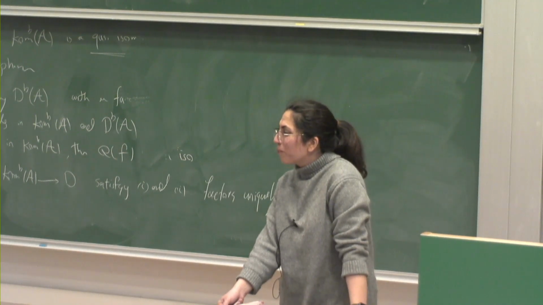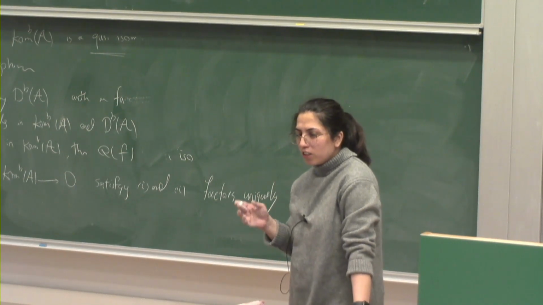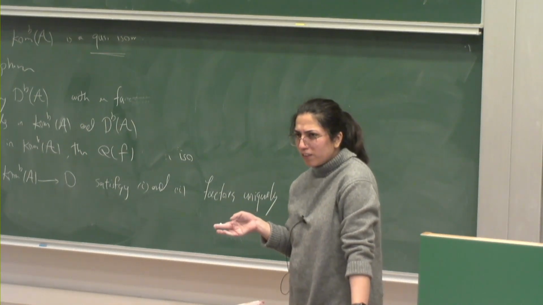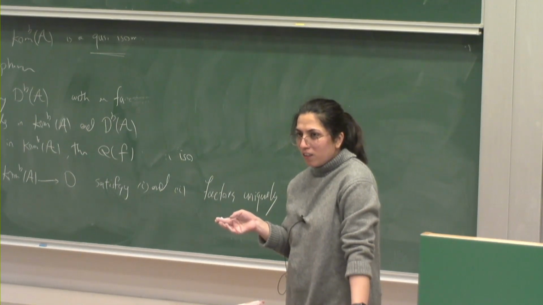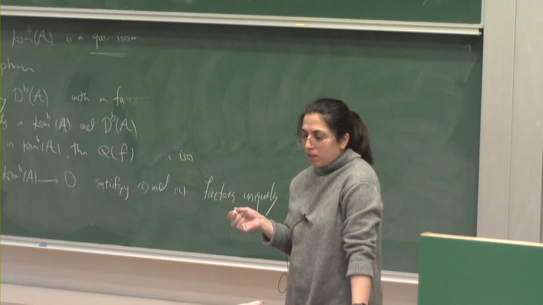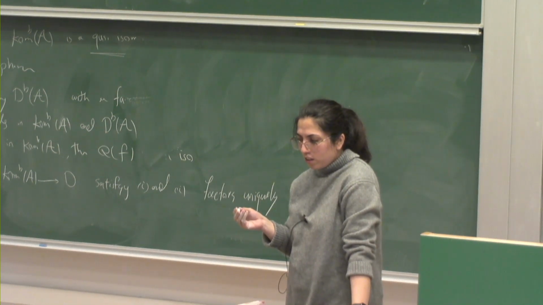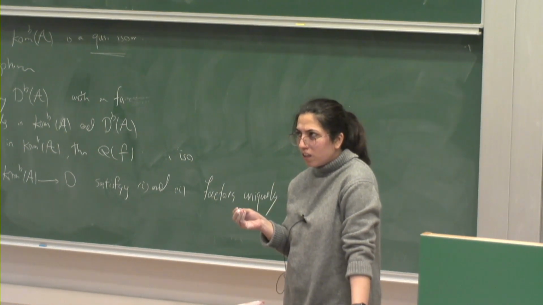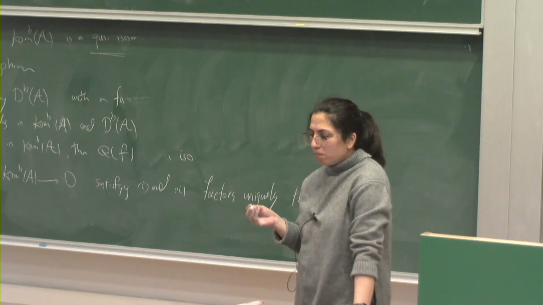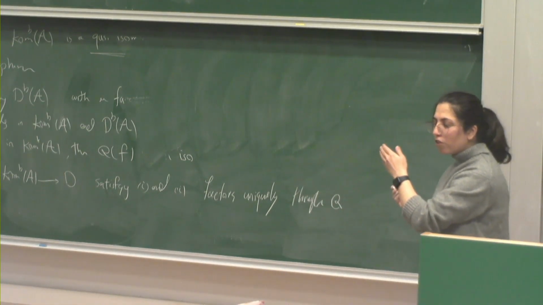Sorry, say it again. So maybe complete your sentence. So you said that you fix an object in the abelian category A, and then what? Is it a set? No, it's just a priori a complex of coherent sheaves.